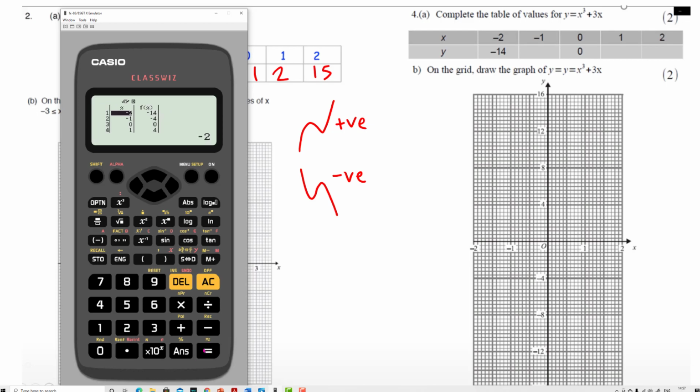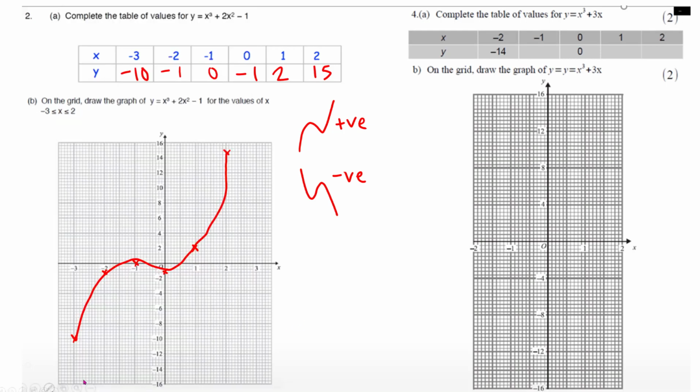Now it's done that for us. We can check it's correct. Minus 2 is minus 14, minus 1 is minus 4, and 1 is 4, and 2 is 14. So we just need to fill that in. We filled those figures in, and we just need to plot that.